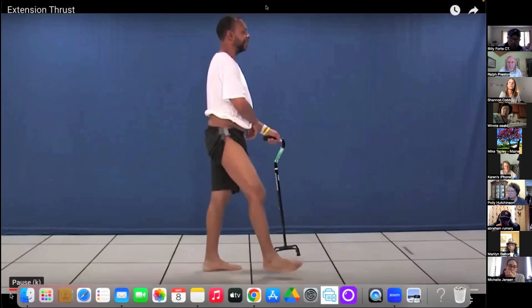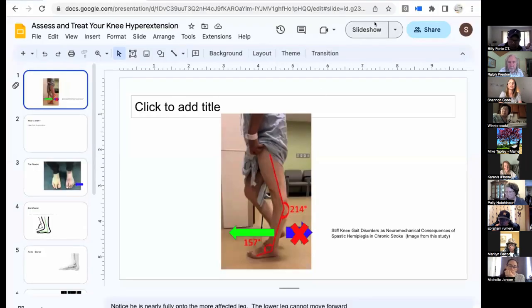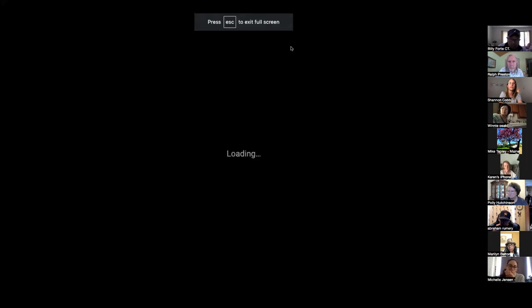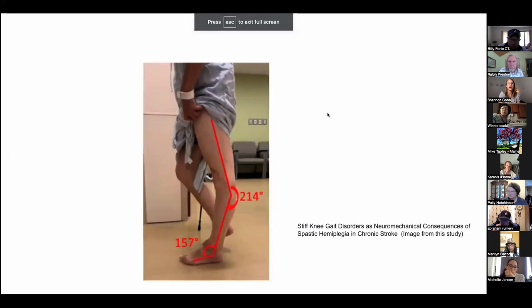Again, I'm going to look at it from a frozen perspective. This is just another still picture from another study, the one I listed here, looking at knee hyperextension in stroke survivors.